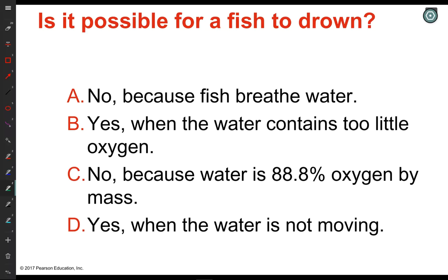Now we have the answer that Hosanna said, when the water is not moving. Well, in a natural case, in a pond or something, you don't have a little bubbler, and the fish still live. In the pond, it must be because they have some kind of algae or something that's producing the oxygen bubbles for them.